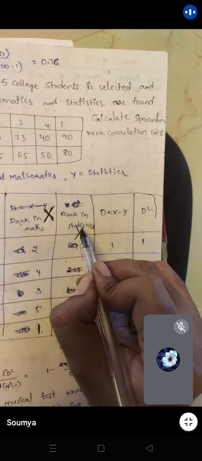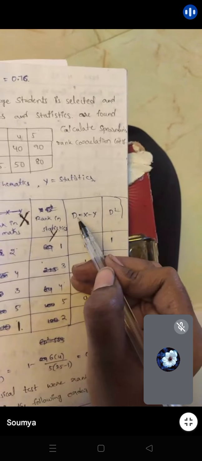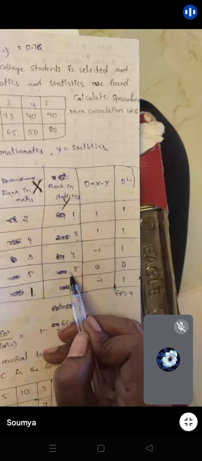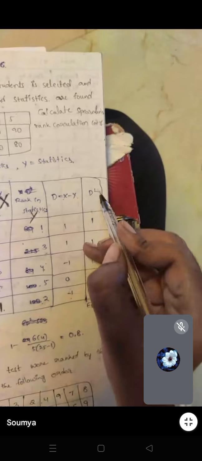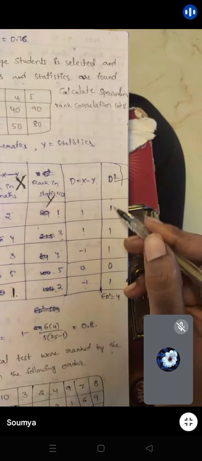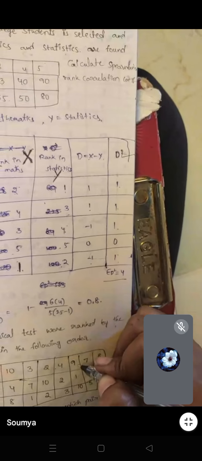Now D is nothing but X minus Y. So now you have to find D: 2 minus 1, 4 minus 3, 3 minus 4, 5 minus 5, 1 minus 2. And now another column, d square, because in the formula we have summation d square. So 1 square is 1, and you add all these: 1, 1, 1, 1, 4.